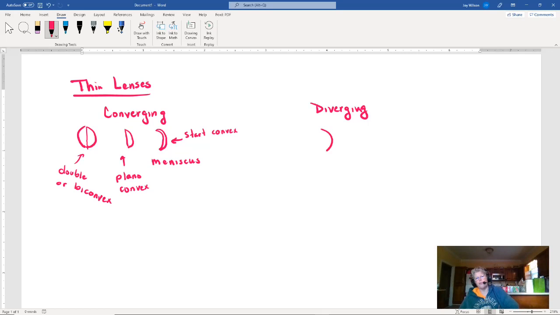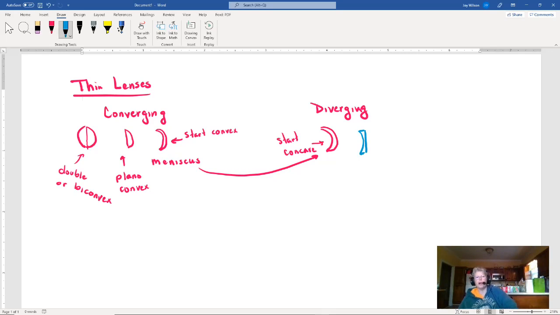So you can also have a meniscus for this. But this time you'll start in the concave side. So this too is known as a meniscus. We can also do a plano concave. Oh, that's terrible. Forgive my bad drawings today. I'll try to do better. It goes out like that.